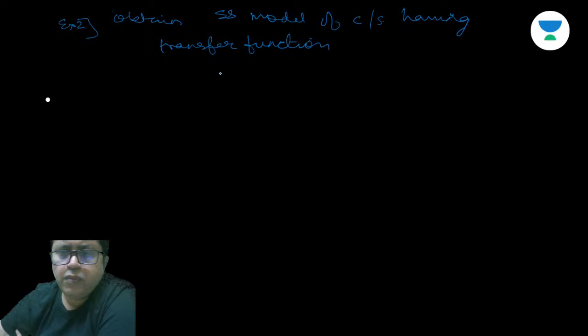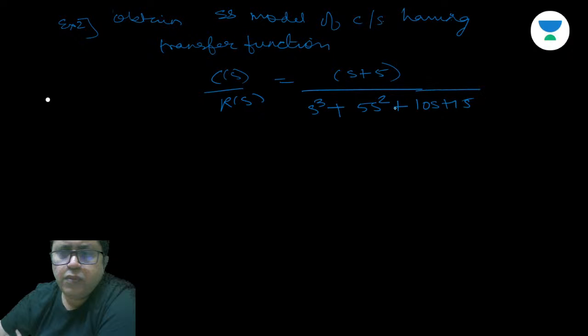Here, to obtain the state space model of a control system having transfer function C(s)/R(s) is equal to (s plus 5) upon (s cube plus 5s square plus 10s plus 15). Okay.